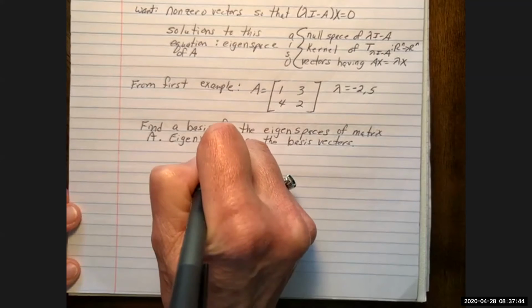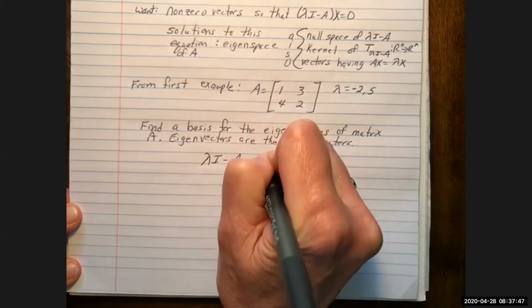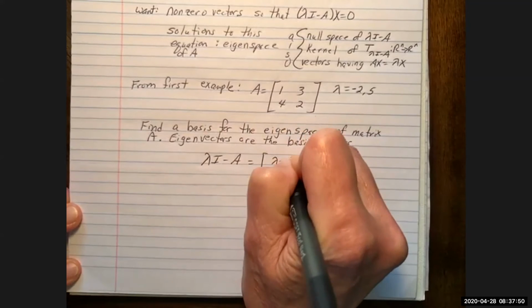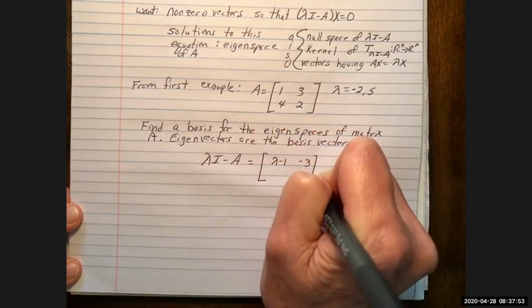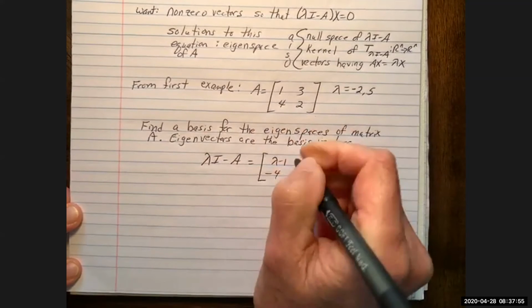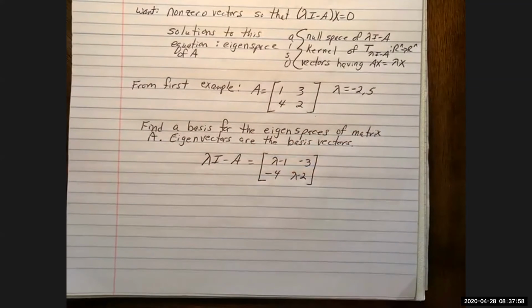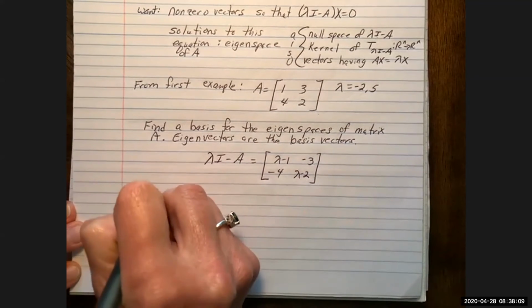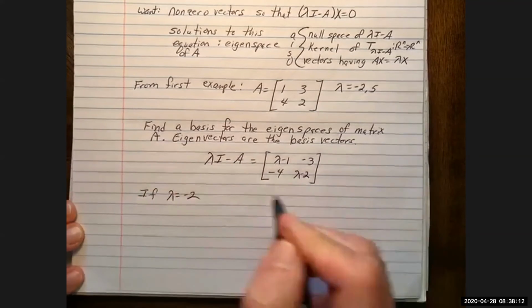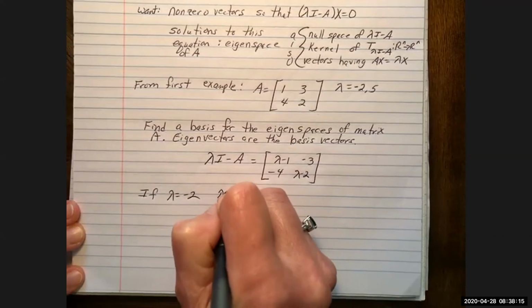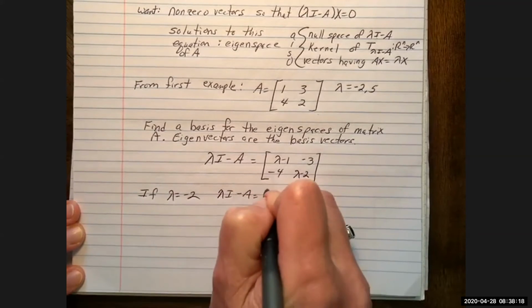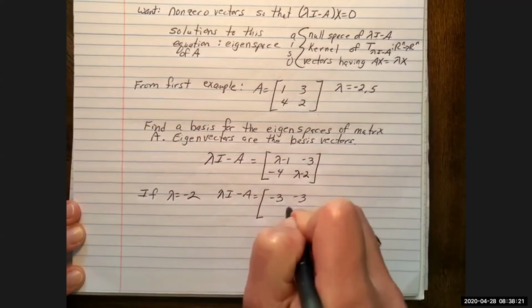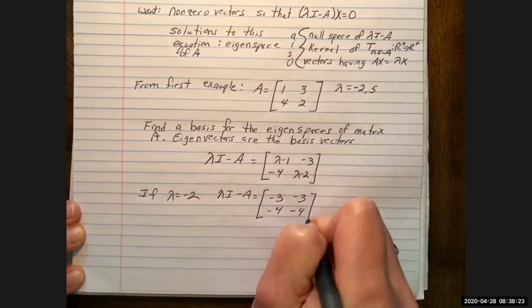Okay, lambda I minus A is going to be lambda minus 1, -3, -4, and lambda minus 2. So we're going to use that for both of them. If lambda is -2, lambda I minus A becomes -3, -3, -4, -4.